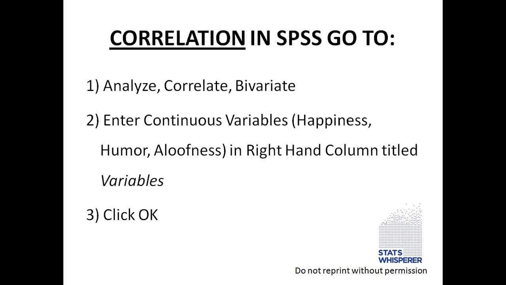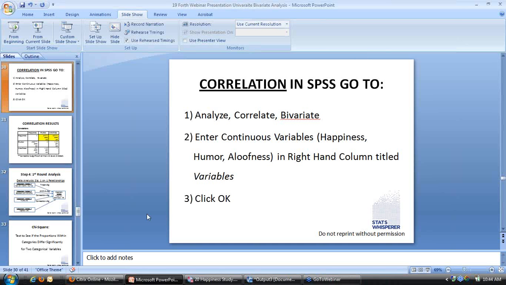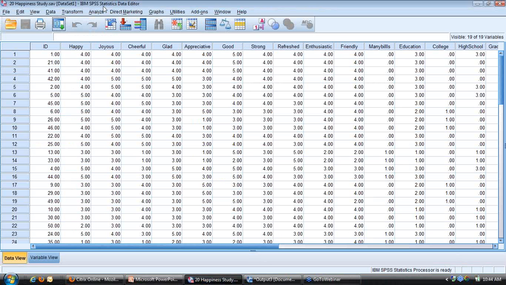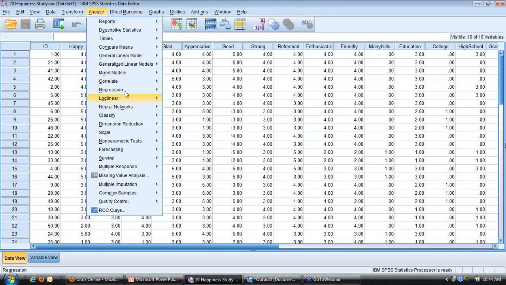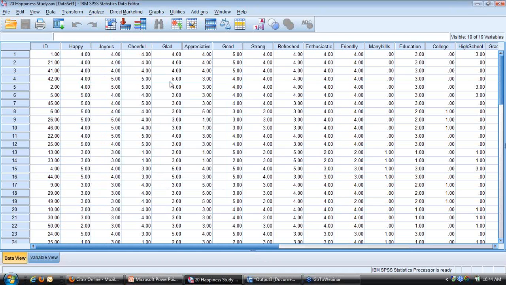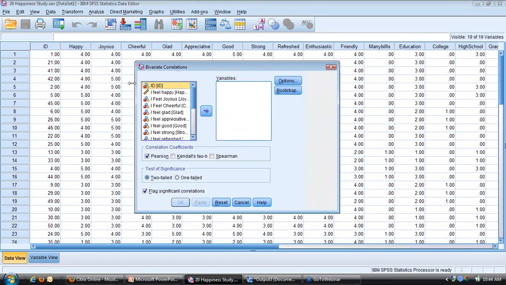So in SPSS, to do a correlation, you go to Analyze, Correlate, and Bivariate. Then you enter your continuous variables in the right-hand column titled Variables and click OK. So analyze and then correlate, then bivariate, right?